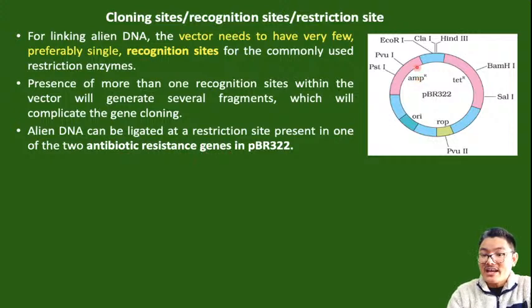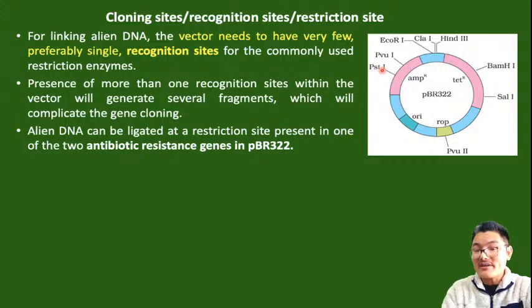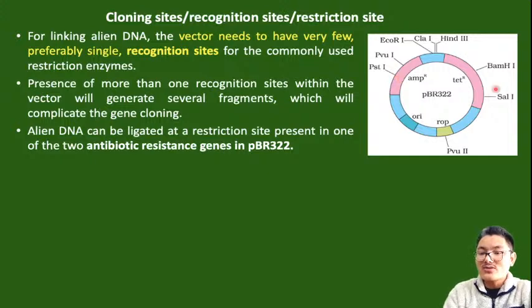In the case of ampicillin resistance, we can use the PvuI recognition site, an enzyme which has a recognition site at this position, or the PstI enzyme, in order to join alien DNA at this position. Or we can use BamHI and SalI in order to join alien DNA in the region of the tetracycline resistance gene.